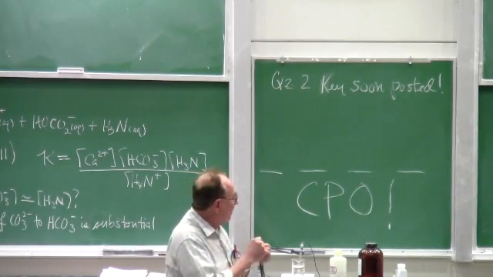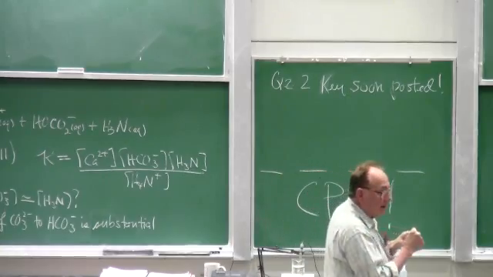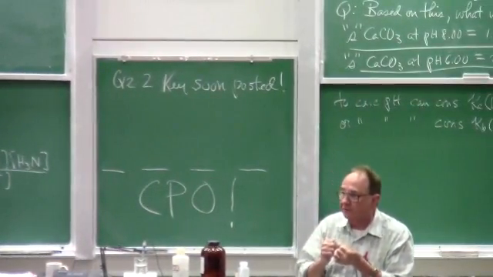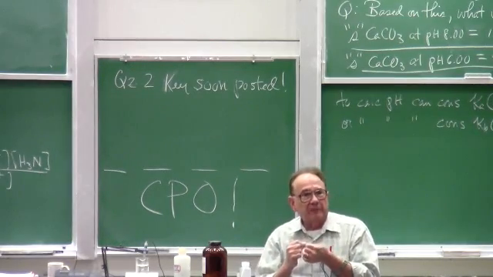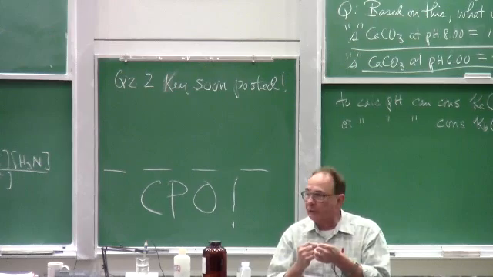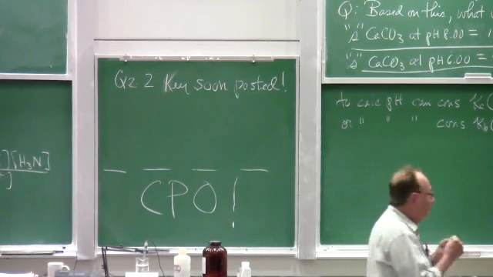This solution is fairly concentrated. So it's entirely possible that because of the high concentration of this solution, we're observing a pH that's considerably higher than the true pH. Is there a way by which we could correct?